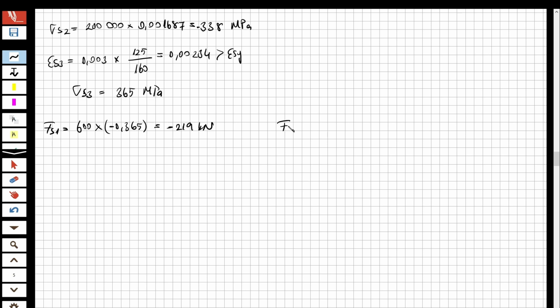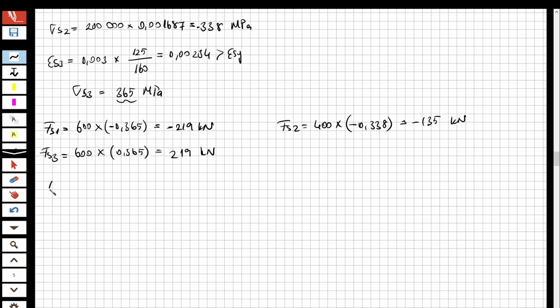Let's do it for the second one: 400, the area of the steel, multiplied by the stress inside the steel, minus 0.338, and this is equal to minus 135 kilonewton. Now let's do it for the third one: 600, multiplied by the stress inside the steel, 0.365, and this is also minus 219 kilonewton. So now we got the forces.